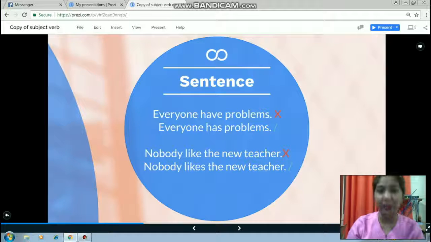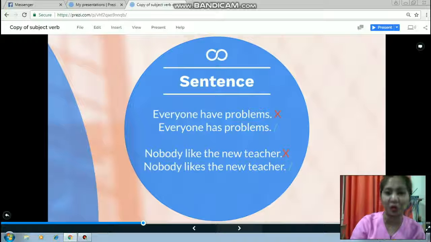Cooks, singular; cook, plural. Dances, dance. Sings, sing. Plays, play. Opens, open. Closes, close. Rings, ring. Okay? So those are examples of singular and plural verbs.